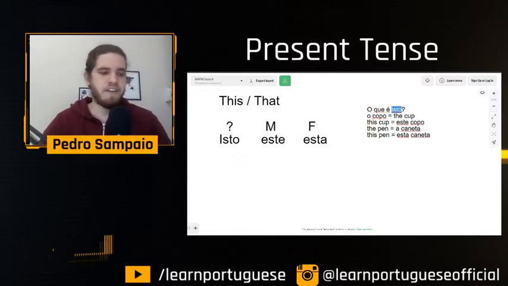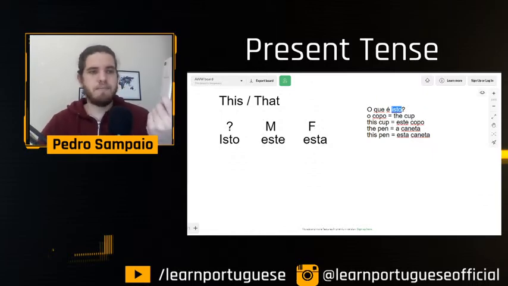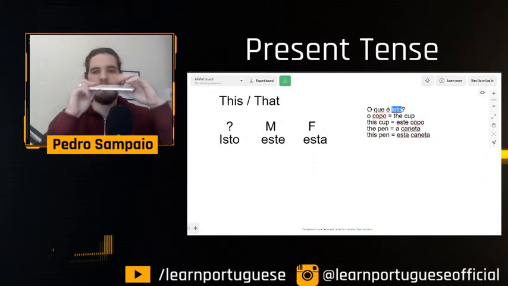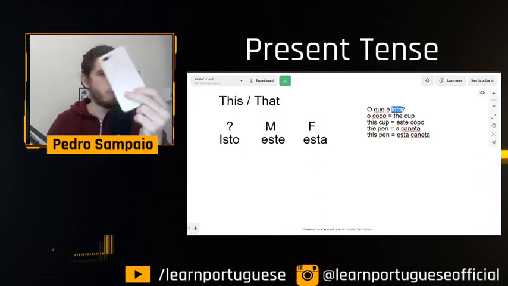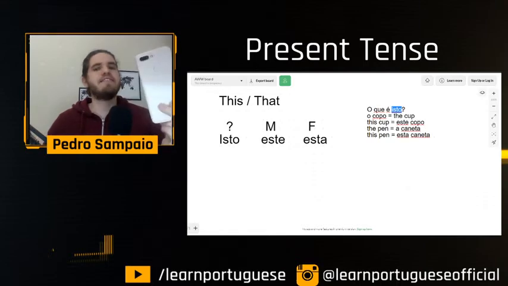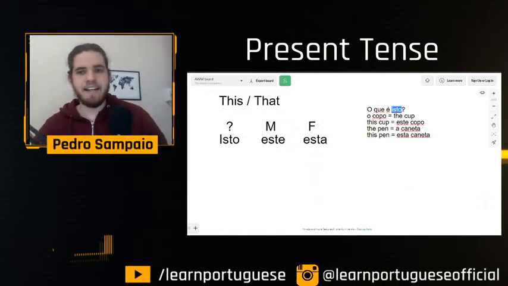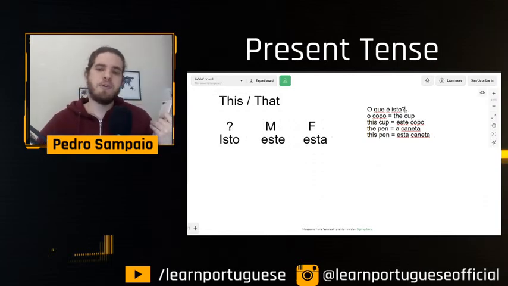Let's say I have an object, for example, I have my phone here in my hands right now, but let's say I don't know what this object is. So imagine I ask you, what is this? O que é isto? What is this? And if you ask me with isto, I'm going to answer with isto again, or isso, which is the next one we're going to see.